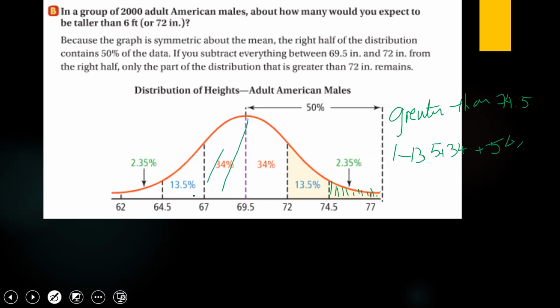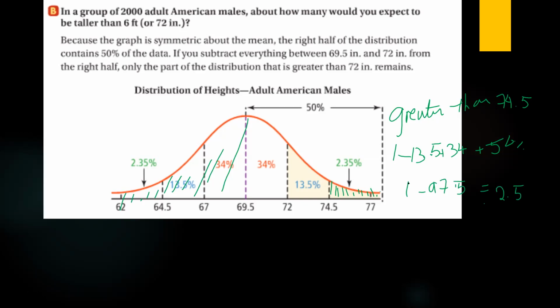Here we have 50 plus 34 plus 13.5. So let's add 34 plus 50 plus 13.5. You get 97.5. 1 minus 97.5 is 2.5.